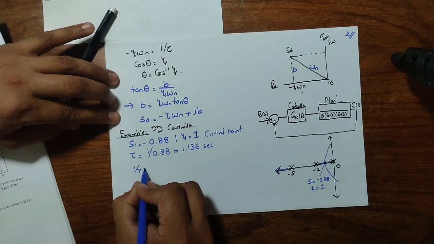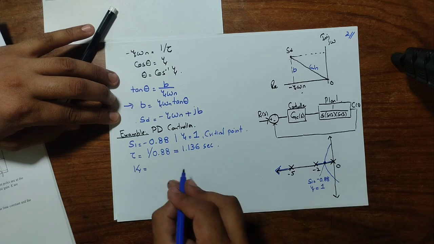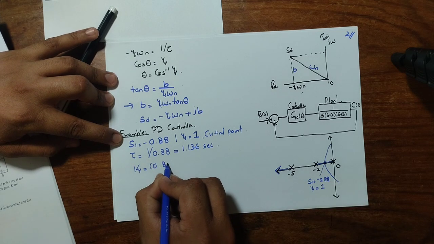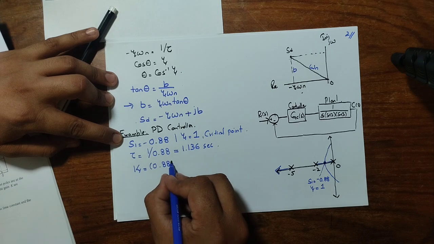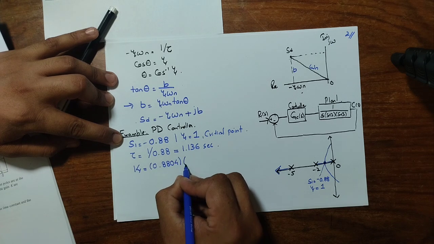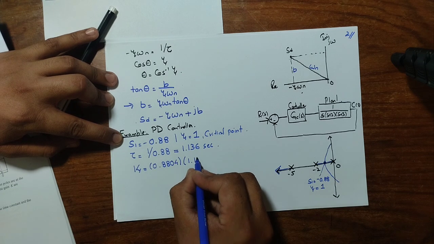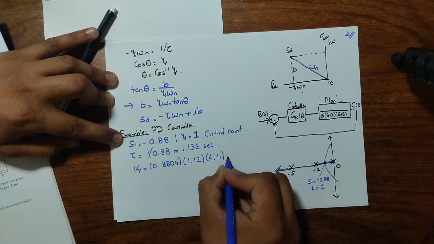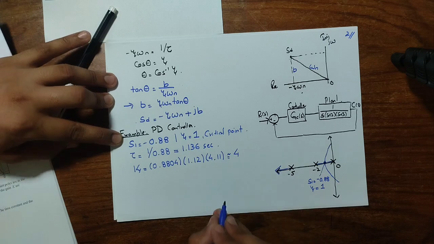The gain k required by the system to reach this critical point is equal to 0.8804 multiplied by 1.12 into 4.11, and this comes out to be almost equal to 4.